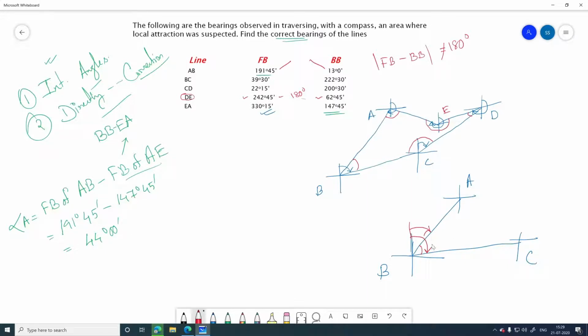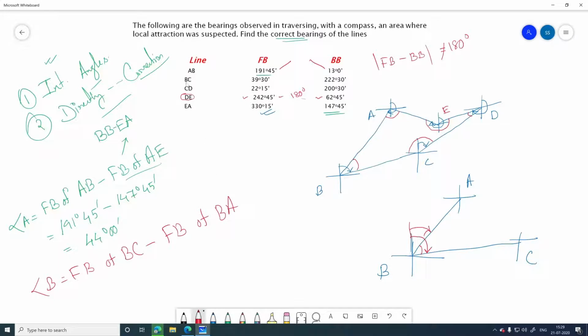Subtracting the forward bearing of BA from the forward bearing of BC gives the interior angle. So angle B equals forward bearing of BC minus forward bearing of BA.